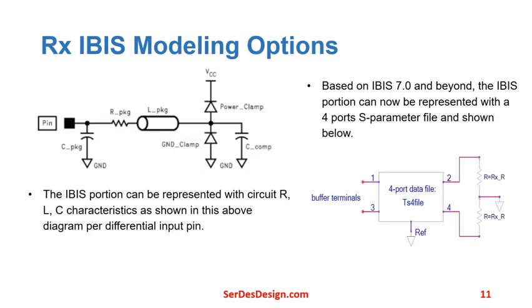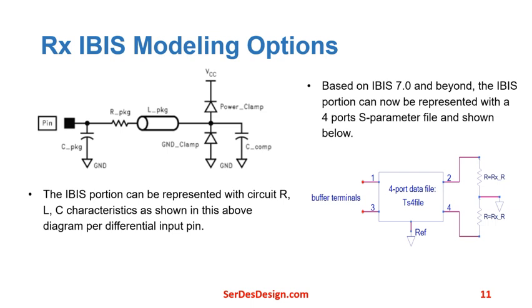There are two basic Rx IBIS modeling options. The typical Rx IBIS buffer model is composed of an RLC circuit with additional voltage-current tables per differential input pin, as shown in this top figure. The IBIS buffer model is quite limiting and does not do a good job modeling the actual Rx circuit input impedance.